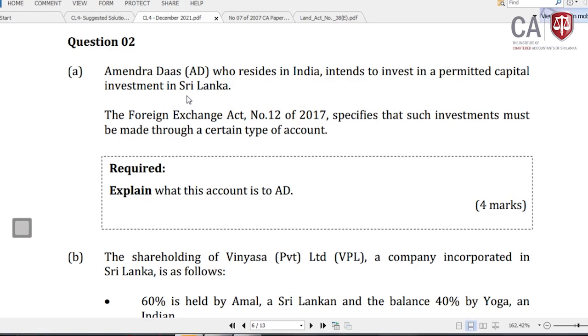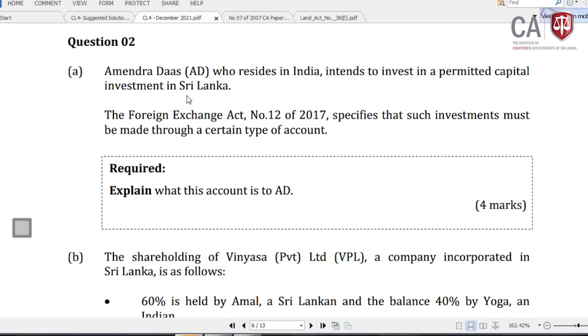As per the Foreign Exchange Act number 12 of 2017, you can normally invest in any type of industry, in any type of business organization. However, there are some restrictions. There are some prohibited areas, there are some restricted areas. Subject to those conditions, you can invest in Sri Lanka as a foreigner.